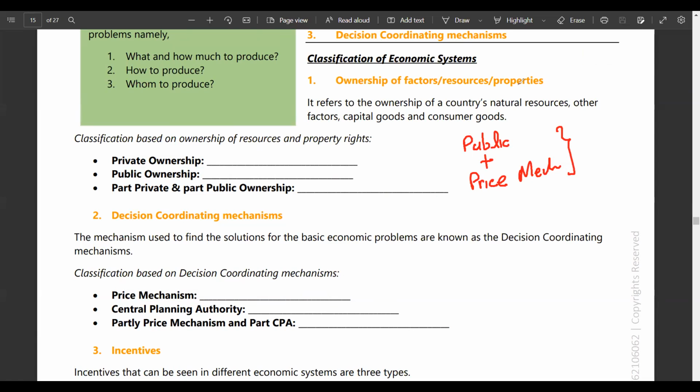Social market? Socialist market. Is it social market or socialist market? Socialist market. So what do you call this economic system where you see public ownership of resources, but decisions are made by price mechanism? Socialist market economy.